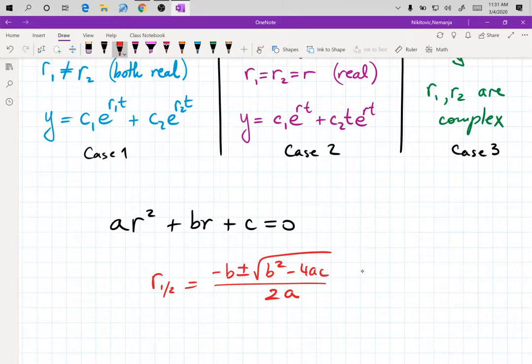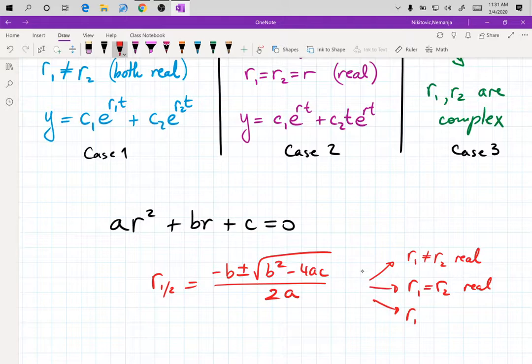The solutions are going to be either 2 distinct real, 2 complex, or a repeated root, to fit the 3 cases. So it can have r1 different than r2 real, r1 equal r2 real, and r1, r2 complex.